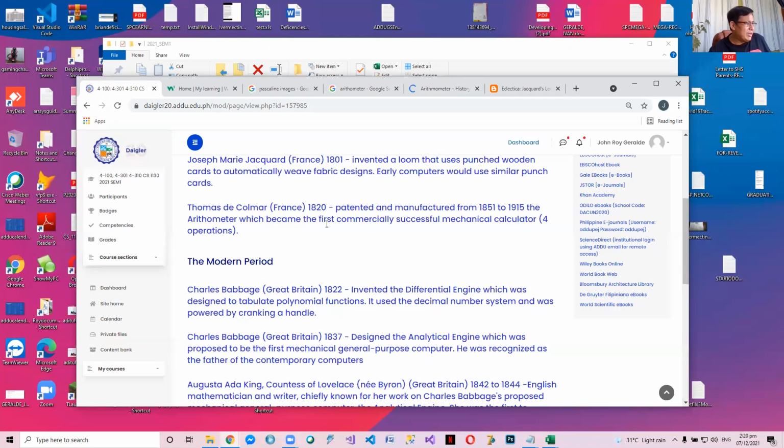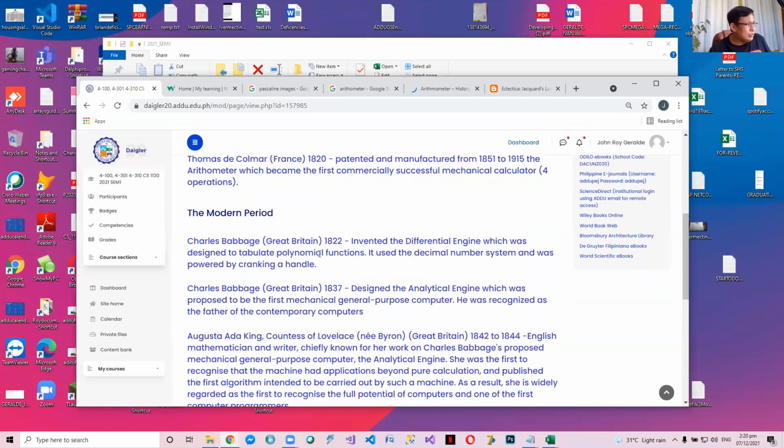Remember, 1820 meron nang calculator. Pag 1822, Charles Babbage invented the difference engine, which was designed to tabulate polynomial functions. Because during that time there was already calculus and there were already polynomial functions. It used the decimal number system and was powered by a cranking handle.